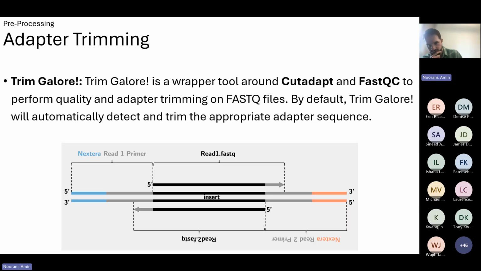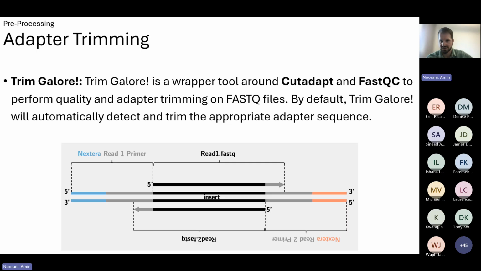Once we know what's in our raw data, we trim, and we use Trim Galore to cut all the unnecessary sequences in our data. And you don't want to do all of this manually. Of course, Trim Galore handles that.